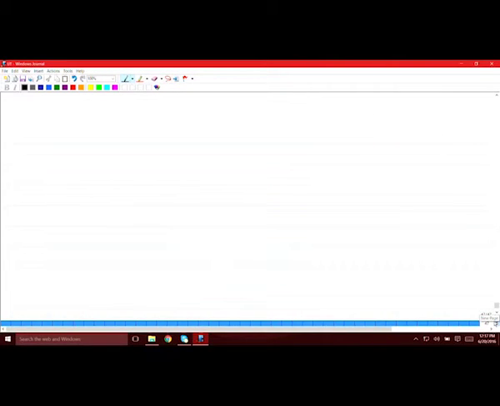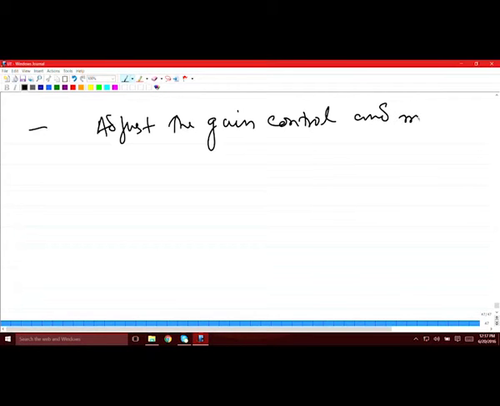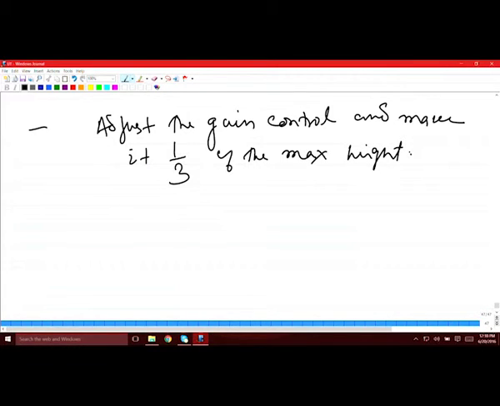Once you get the maximum signal, adjust the gain control and make it 1/3 in this case of the maximum height of the echo.